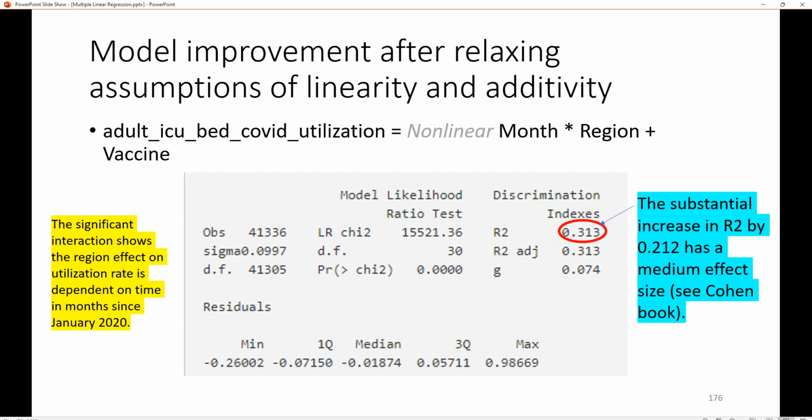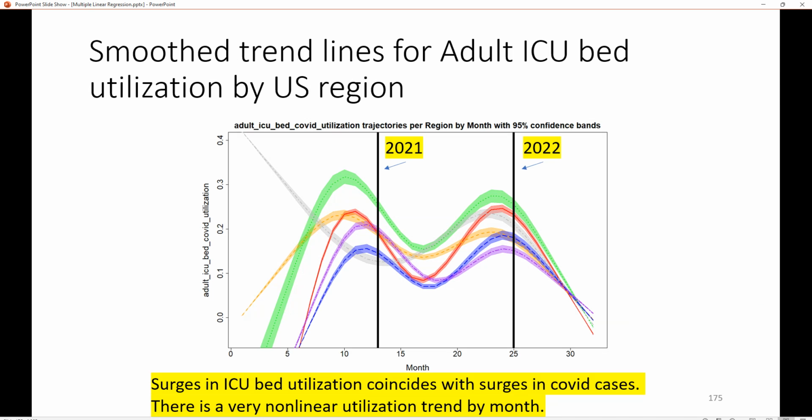And so in these results, we see that there is model improvement after relaxing assumptions of linearity and additivity. In this, we relax that linear trend that we had in our first model, but we also saw that there were big differences between regions, and we can see that in these lines here. There isn't one line on top of the other.